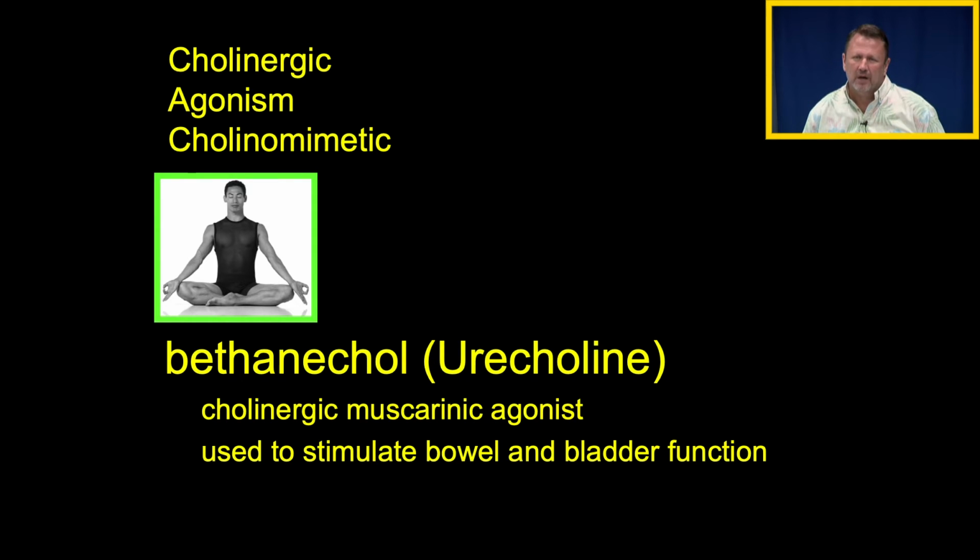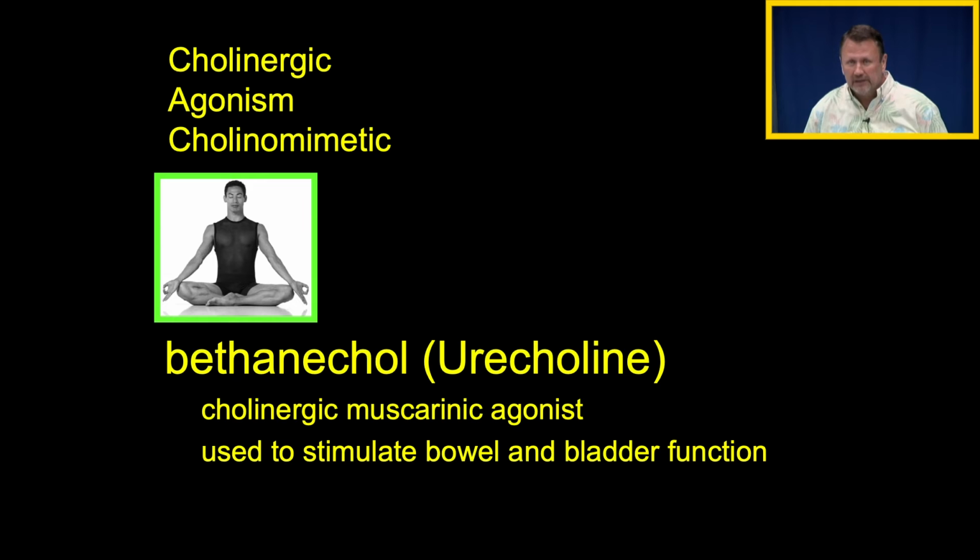Now, this is a pharmacology course, so I have to talk about these things. In my surgical resident experience, I can assure you ambulating the hallways is the best way to stimulate bowel and bladder function after a surgery, as well as incentive spirometry. So on a side note, if I have a post-operative patient and I want to stimulate their bowels and their bladder, the most important thing they can do is use their incentive spirometer and ambulate the hallways.